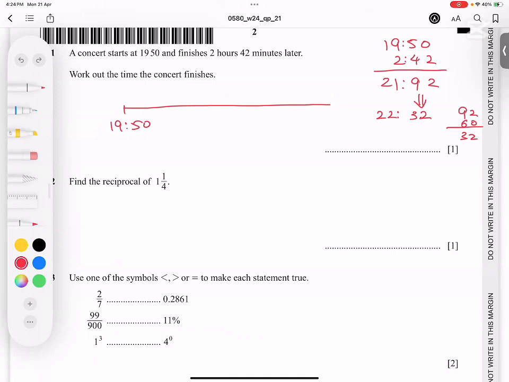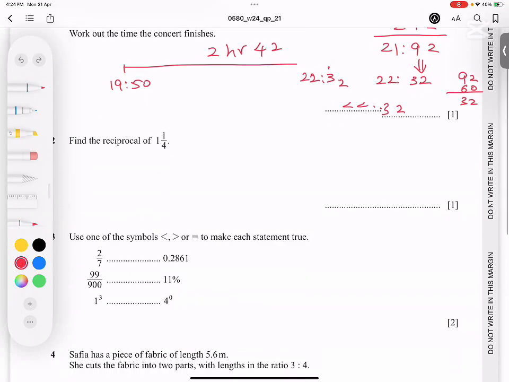So ending time is 22 and 32. So this is our answer. It did not say to convert the time into the 24-hour system because he has given it in the 24-hour system.